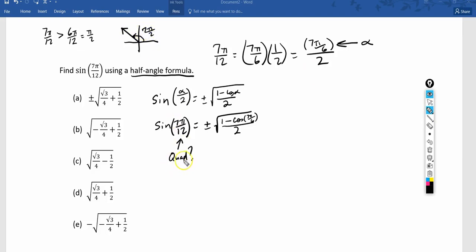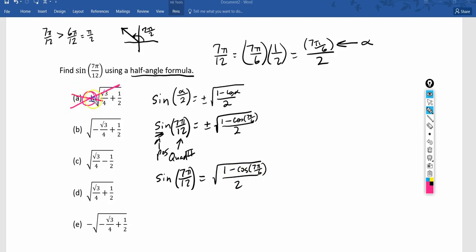So 7 pi over 12 is in quadrant 2. Now sine is positive in quadrant 2. So I can now eliminate this plus or minus out the front, and it's just going to be positive, and if it's positive, we don't write anything out the front. So this we eliminate. This we eliminate.